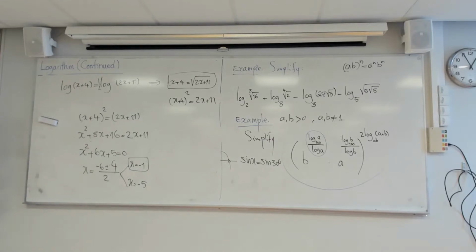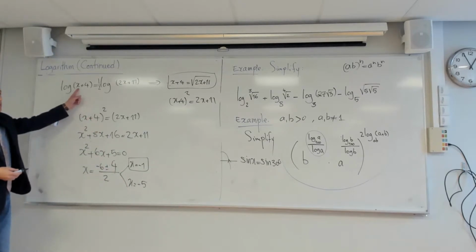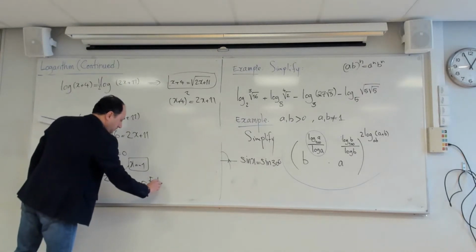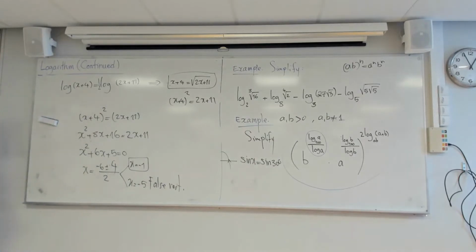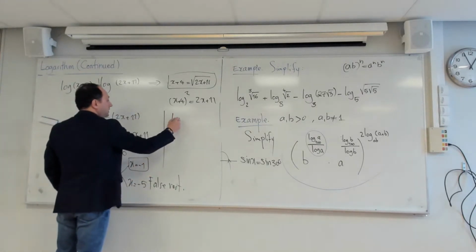But what about -5? I immediately run into some trouble, yes? If I put -5 here, what's the answer? -1. It's log of -1, which is not defined. So it's a false root. So I just got one answer. Is that correct? By the way, let us check the answer. If I put -1 here, it becomes log of 3.